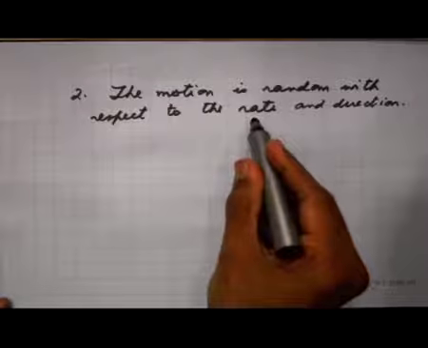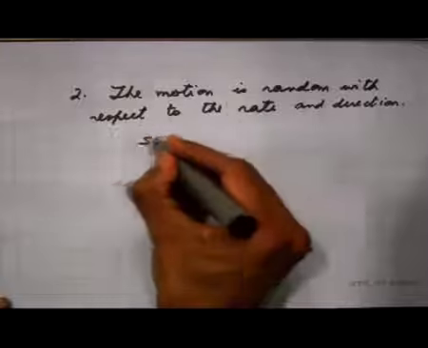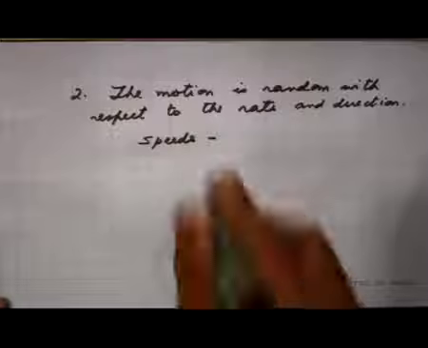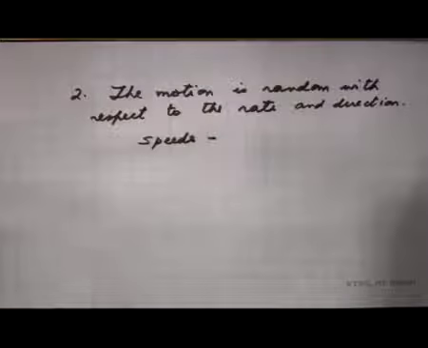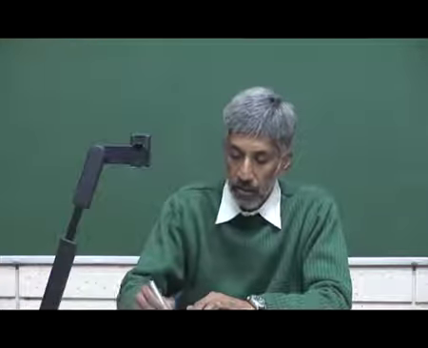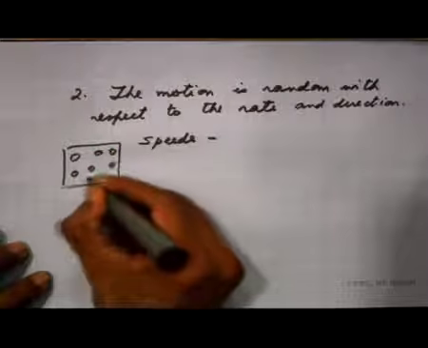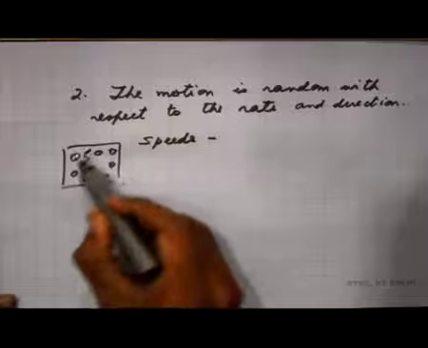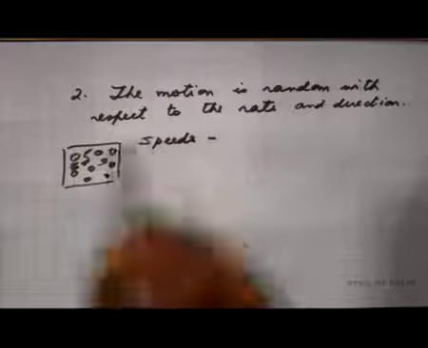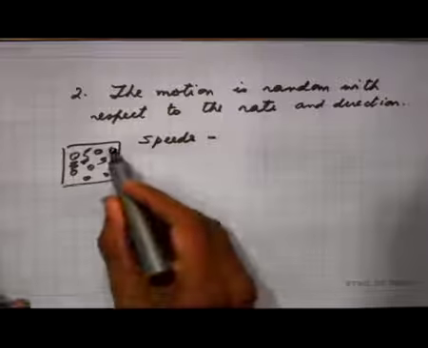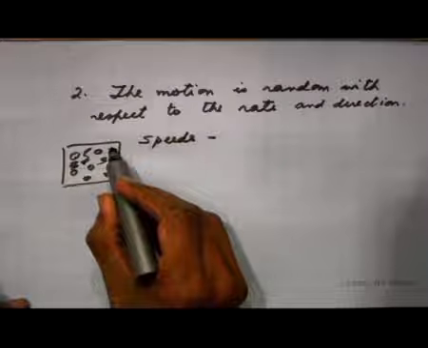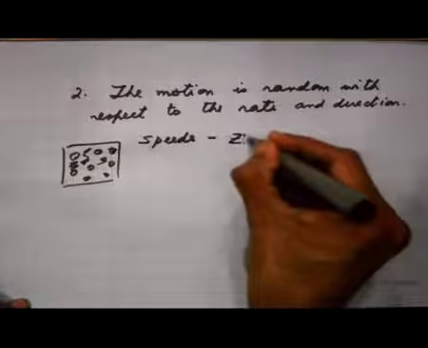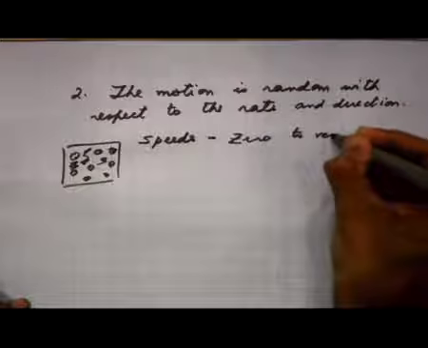When we say it is random with respect to rates, what we mean is this: you are taking a sample of a gas composed of a lot of molecules, and the first part said that these molecules have all the mass, and the space contributes nothing to the mass. There is a lot of empty space in it, and each molecule could in principle have speeds that range from 0 to very high values.